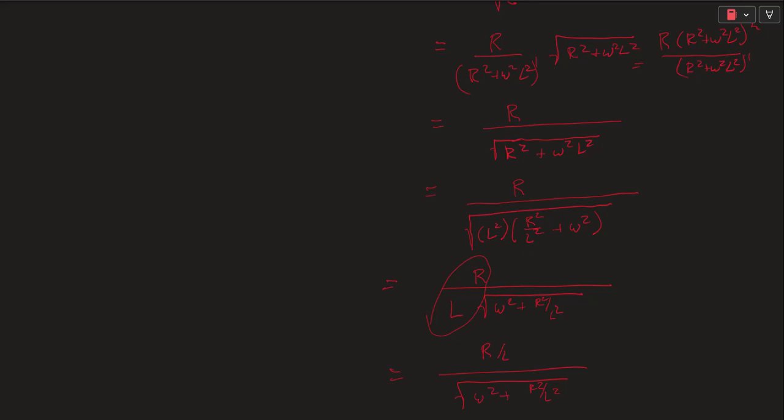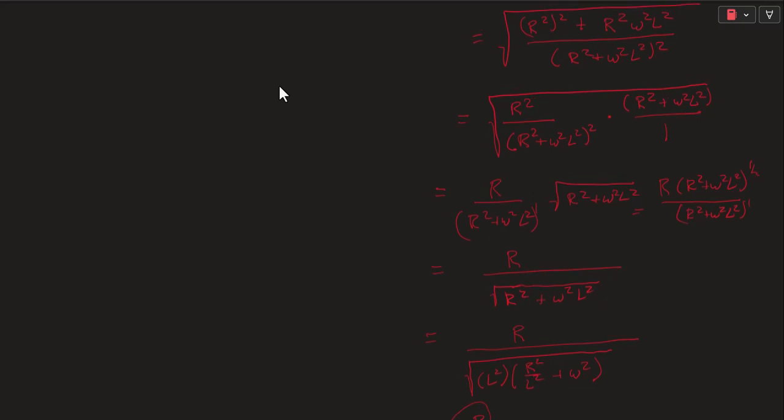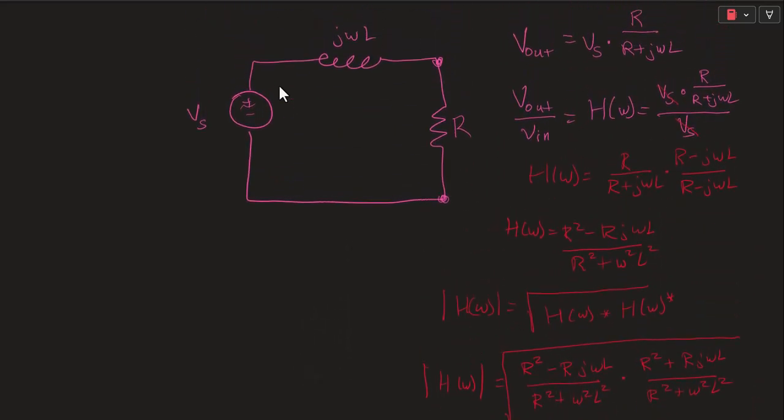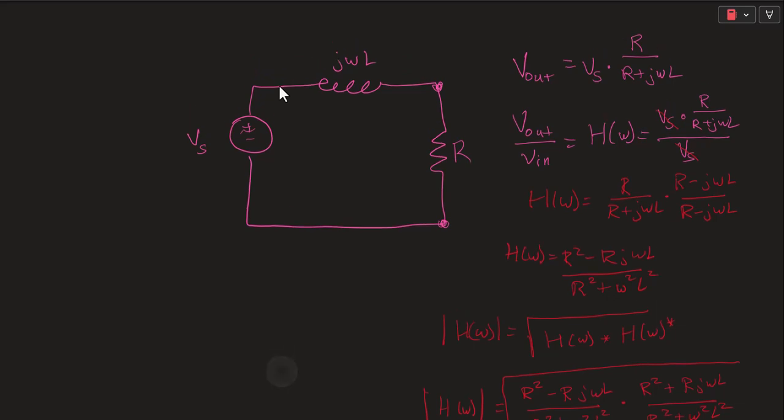So now we look at our original transfer function right here, r over r plus j omega L. Where is that going to be maximum?